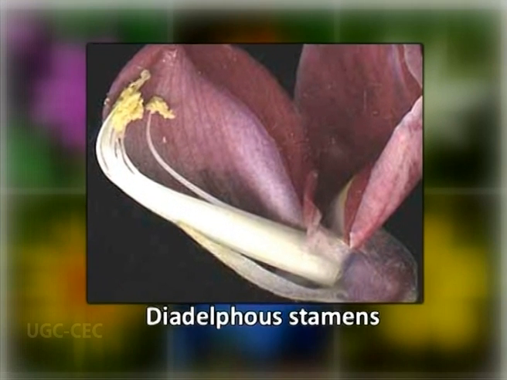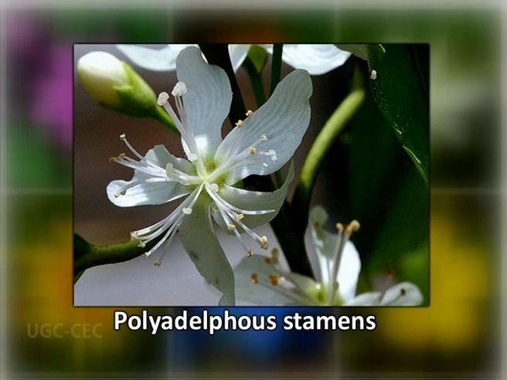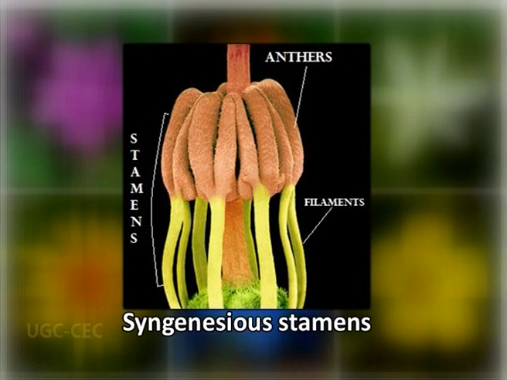Or they may be diadelphous, where filaments fuse to form two bundles, common in members of family Papilionaceae, or they may be polydelphous, where filaments fuse to form many bundles as in lemon and Hypericum, etc. Stamens can also show variations in their degree of cohesion, or syngenesious stamens, where filaments are free but anthers are fused as in members of aster family.